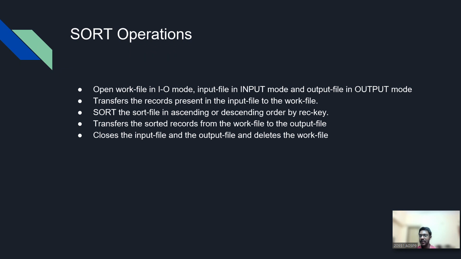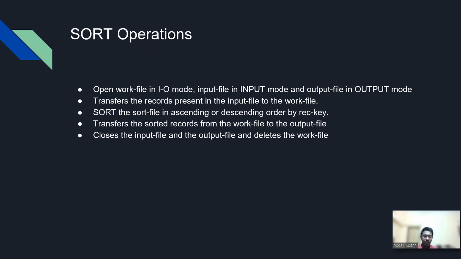But in the case of JCL, it's not like that. There are only two files, input and output file. JCL just uses two files, which is nothing but the input file and the output file.